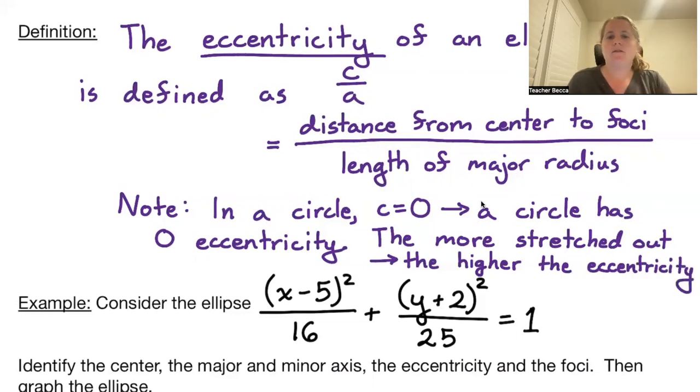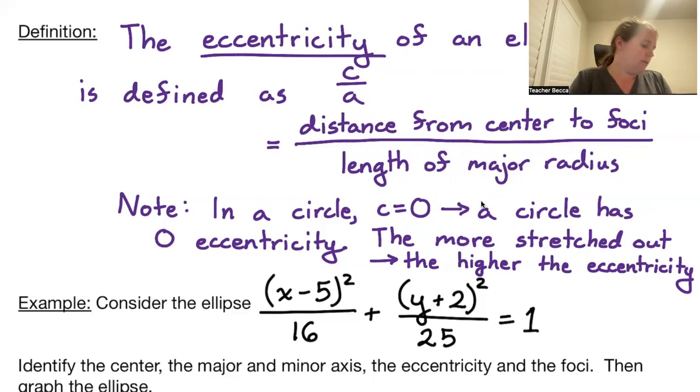And the eccentricity should never actually pass 1, since the foci fall within the ellipse, so they should be no further from the center than the length of that major radius.